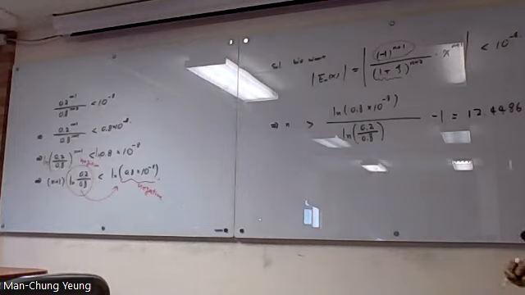That means how many terms will we need so that the error is less than 10 to the negative 8? 30 terms in the Taylor series.